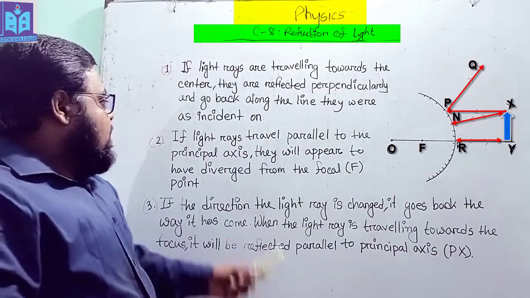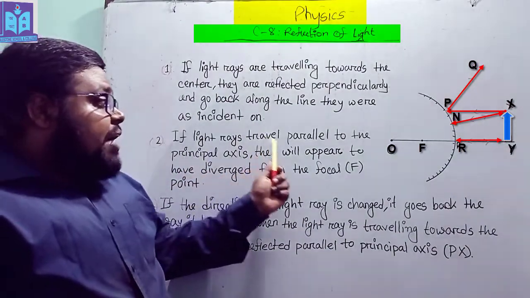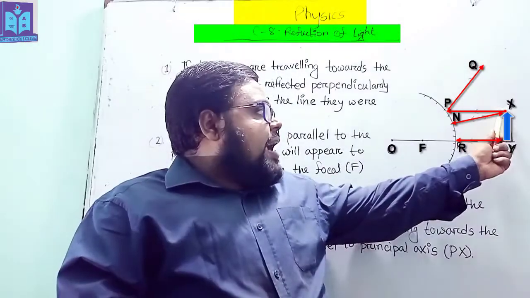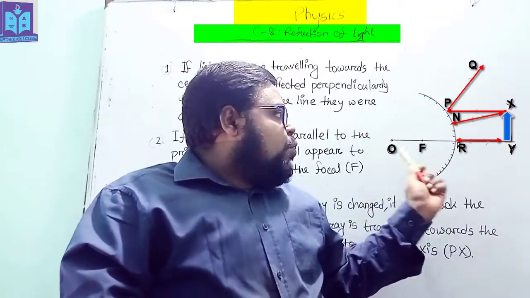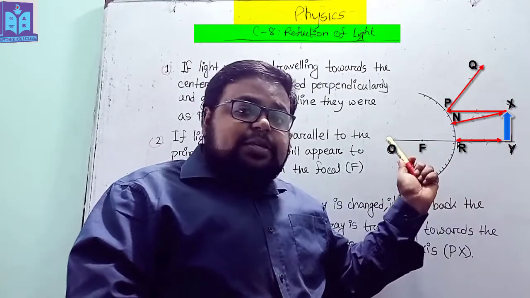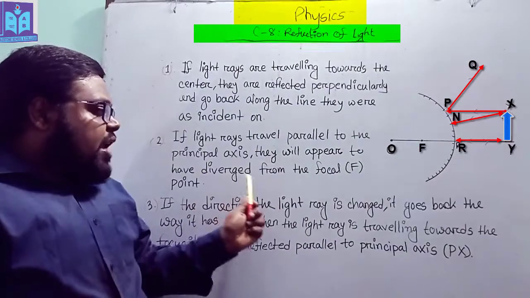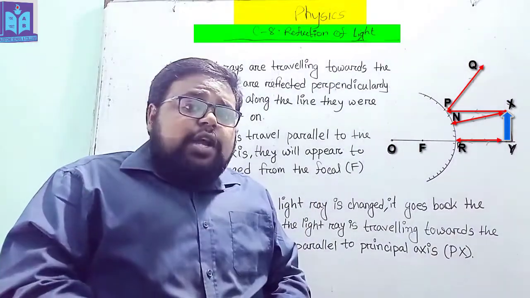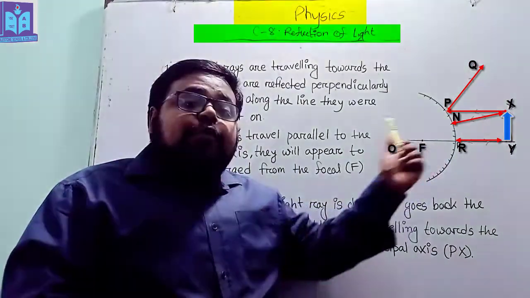And the second one is, if light rays travel parallel to the principal axis, that means the light XP, here you can see that XP is parallel to YO, the principal axis, then they will appear to have diverged from the focal point F. That means it seems like the light comes from the focal point.